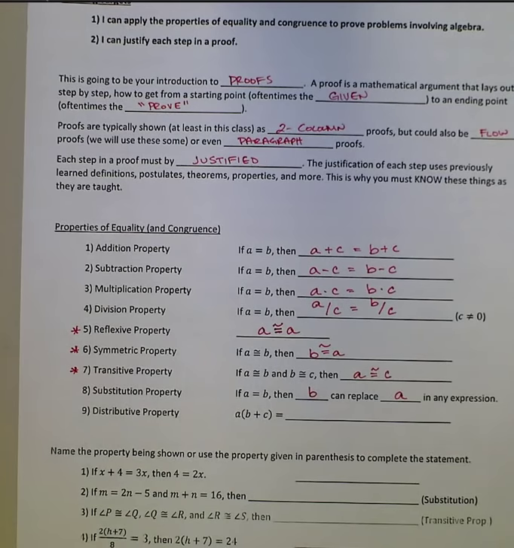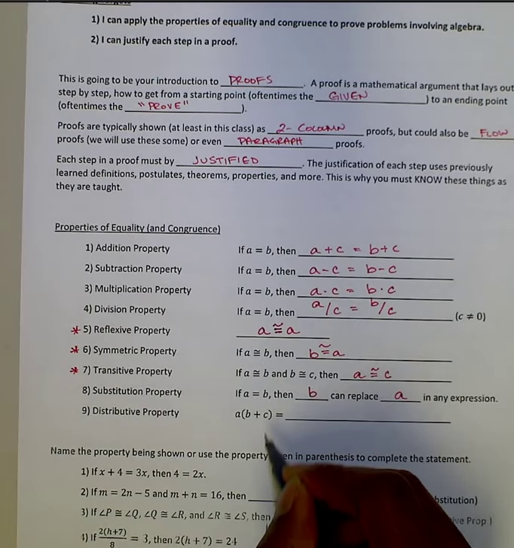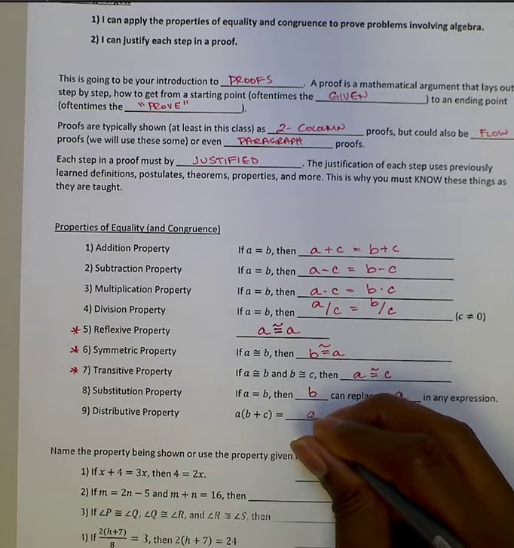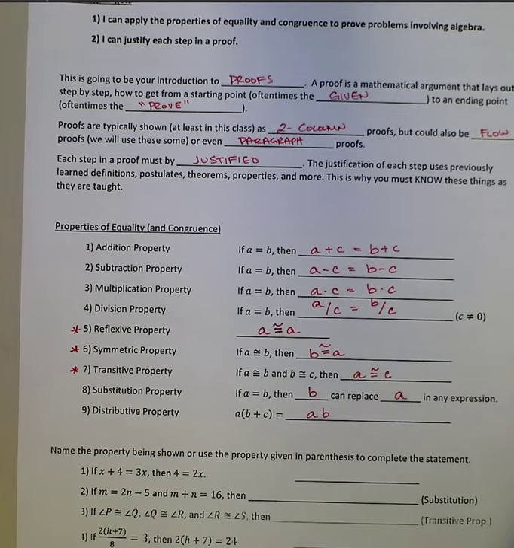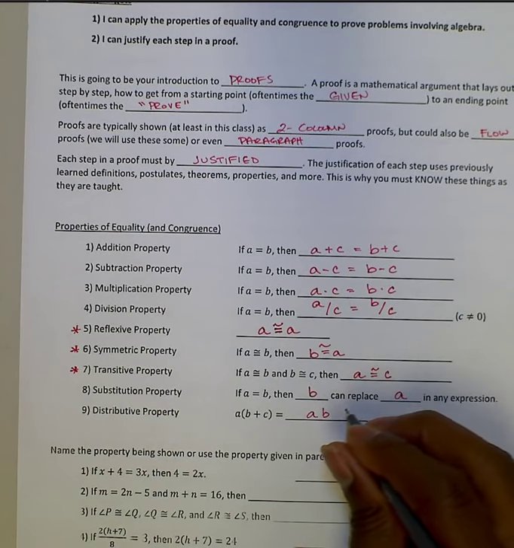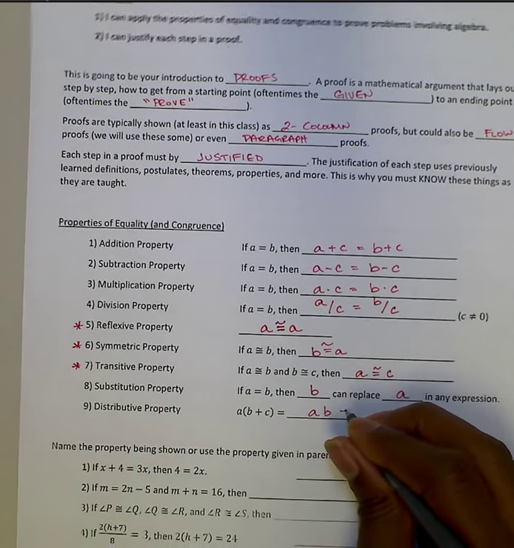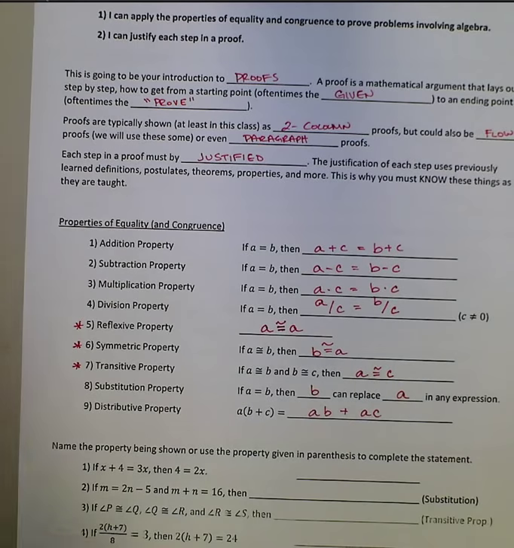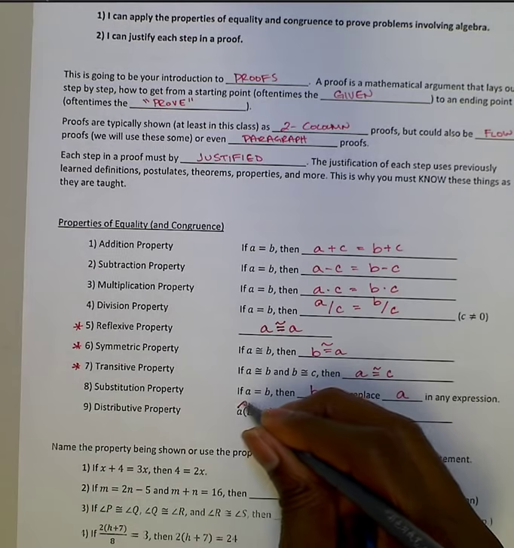And then the distributive property, just distributing this through: A times the quantity B plus C will be A times B plus A times C.